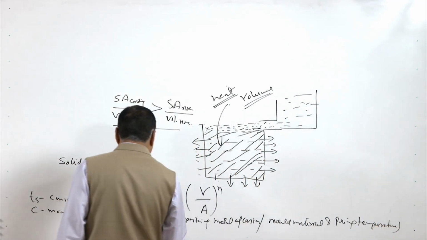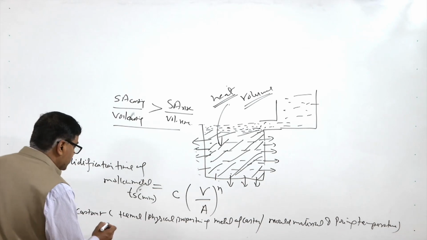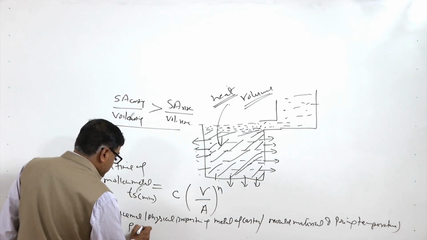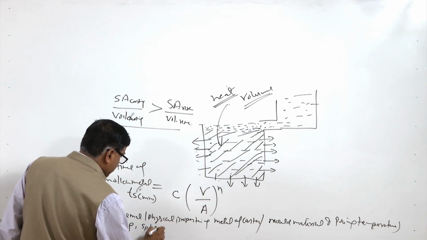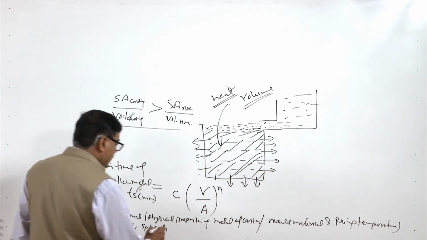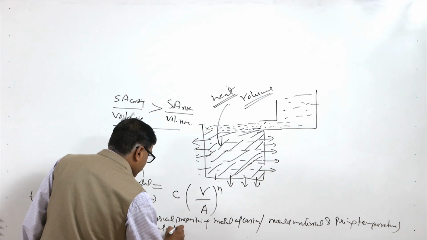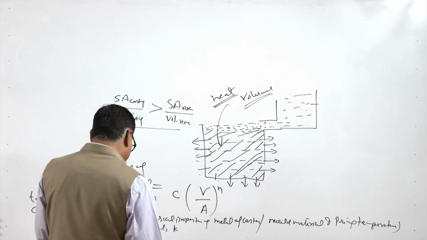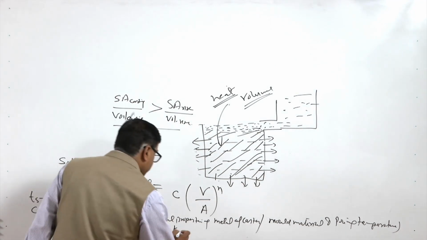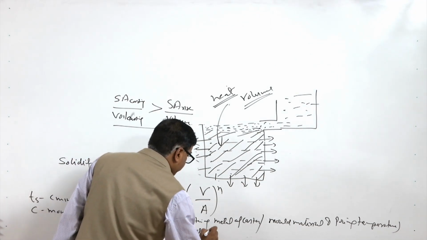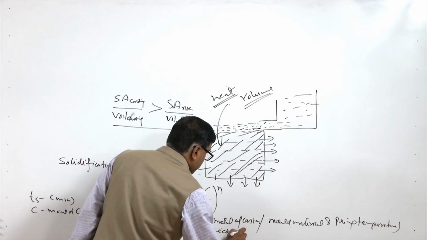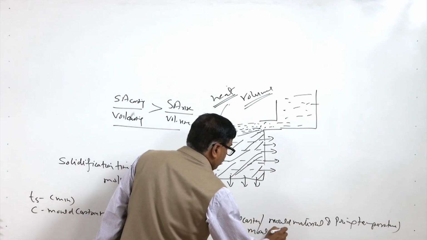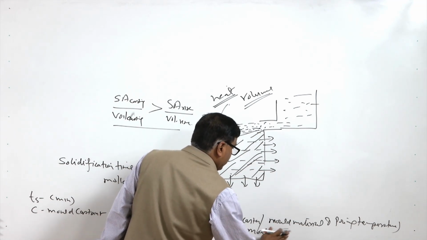These are the factors which will affect it, mainly the density, the specific heat, and the thermal conductivity of the metal of the casting as well as the mold, and the wall thickness of the mold.